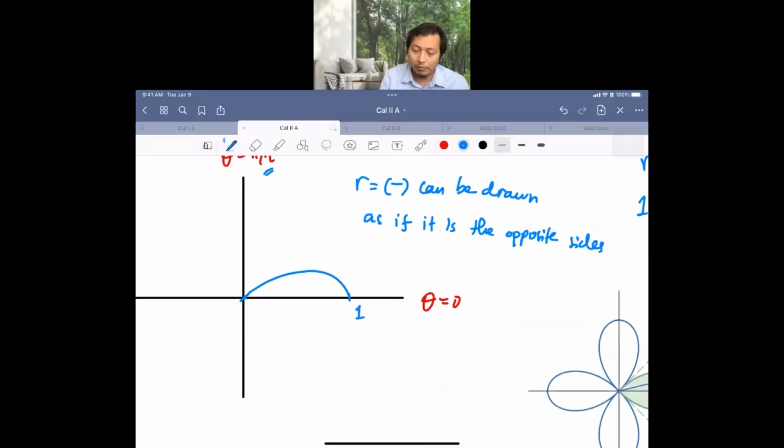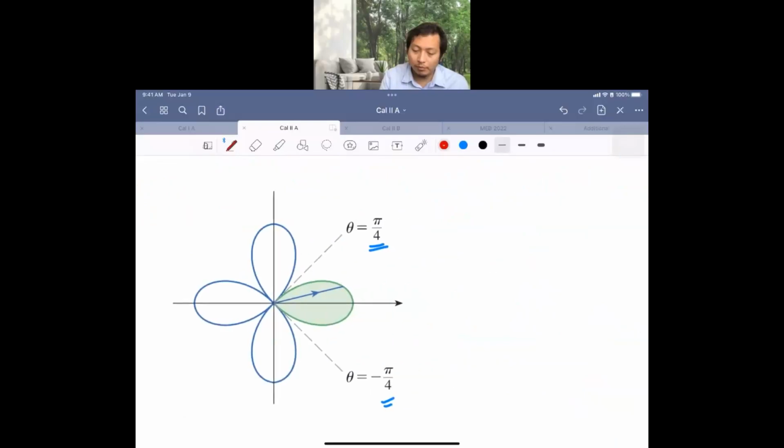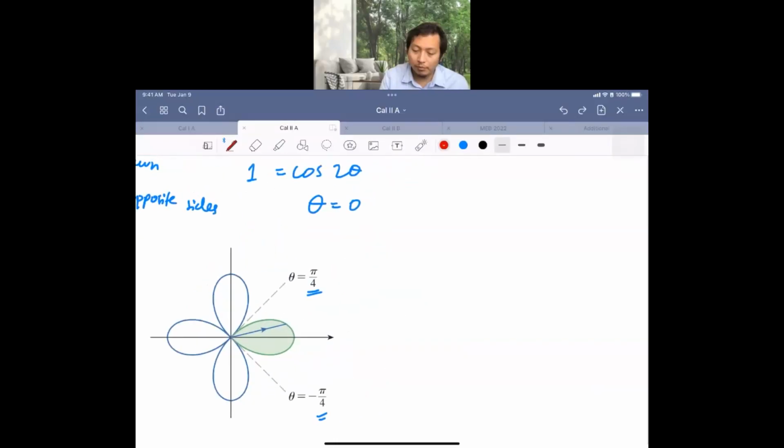So this will be theta pi over 4. Okay, just to remind you. Now, one loop can be this loop or this loop, but let's just say we focus on the first loop here. It should be the same symmetry, right? It's the same area.